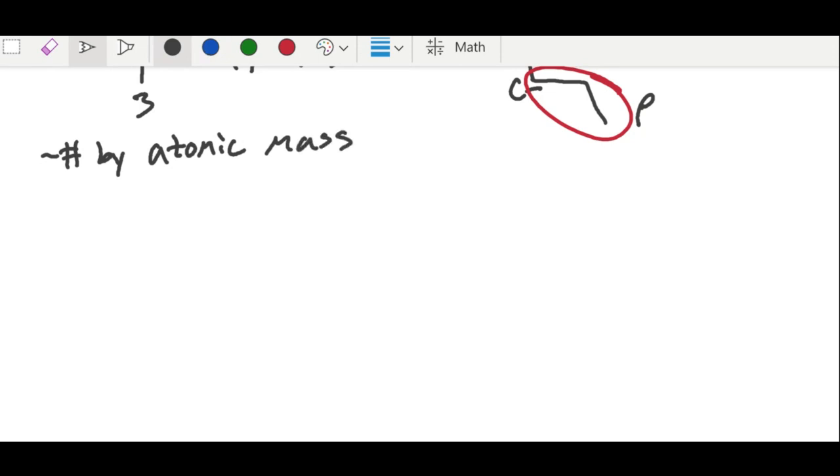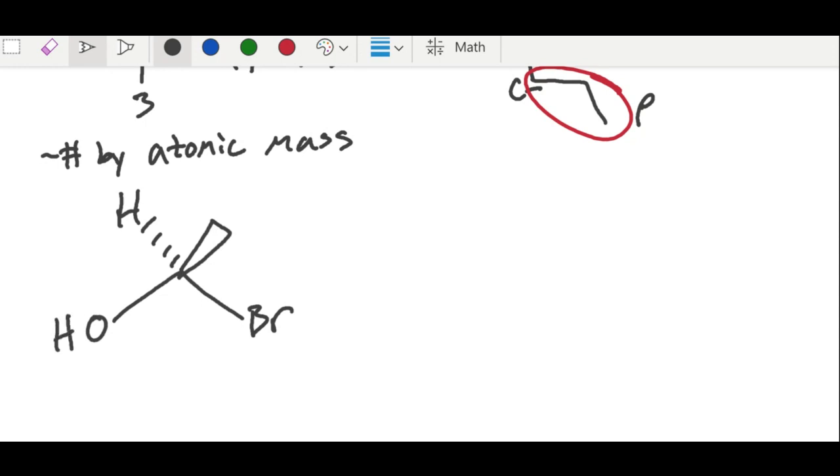Let's say I have a carbon that has bromine here, a methyl group on my wedge, a hydrogen on my dash, and then let's say we have an alcohol over there.